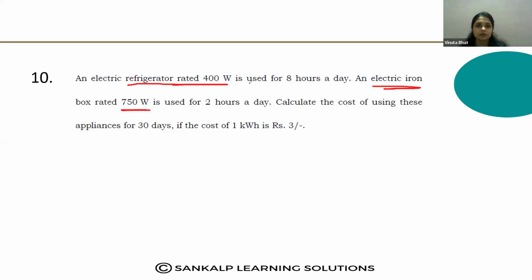The refrigerator is used 8 hours per day, and the iron box is used 2 hours per day, for a total of 30 days, and the cost of 1 kilowatt hour is rupees 3. So you have to write all these things down to solve the question.